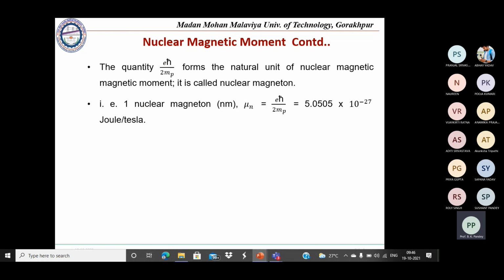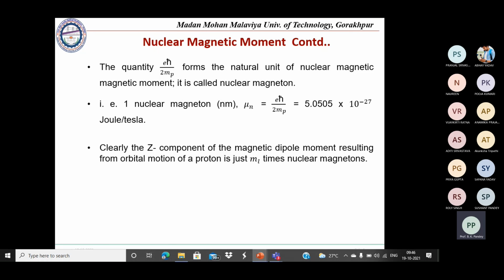One nuclear magneton, represented by mu n, is equal to e h cut upon 2 mp. By putting the values of the constants, that is e and h cut, as well as the mass of proton, we have its value 5.0505 into 10 raised to power minus 27 joule per Tesla. So this is the value of one nuclear magneton.